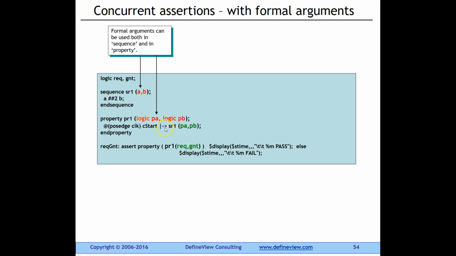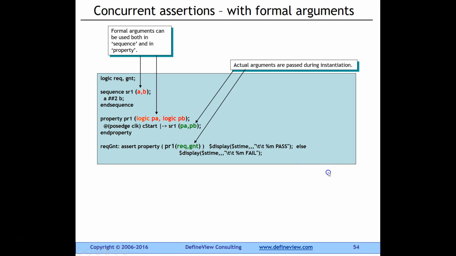From this property, we call the sequence SR1, and we pass PA and PB as actuals to the A and B formals. So when we call the property PR1, we pass request and grant, which get assigned to the formals PA and PB. And the PA and PB as actuals get assigned to the formals of the sequence.